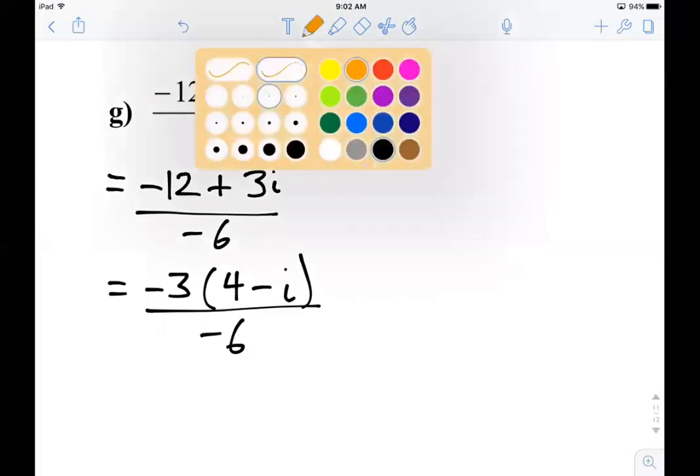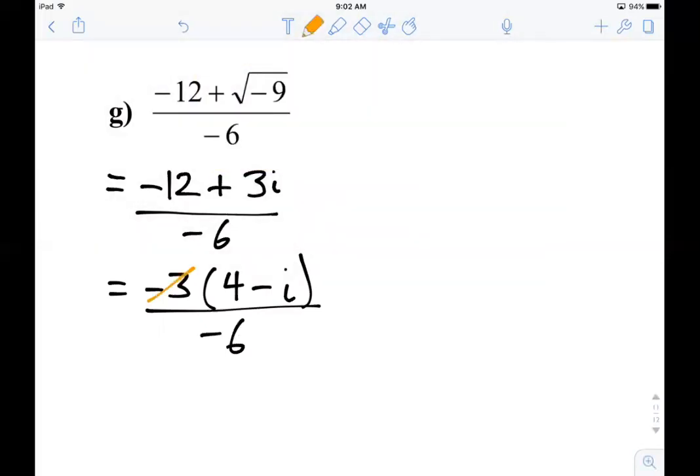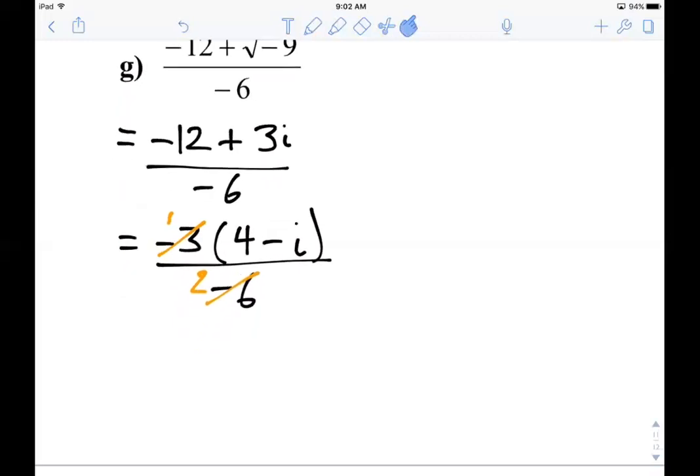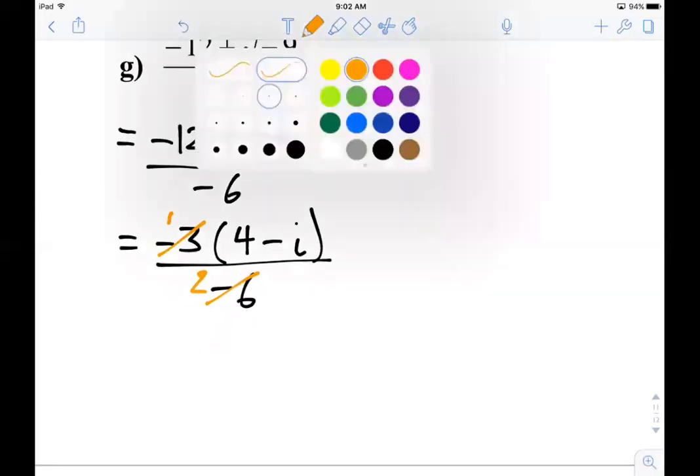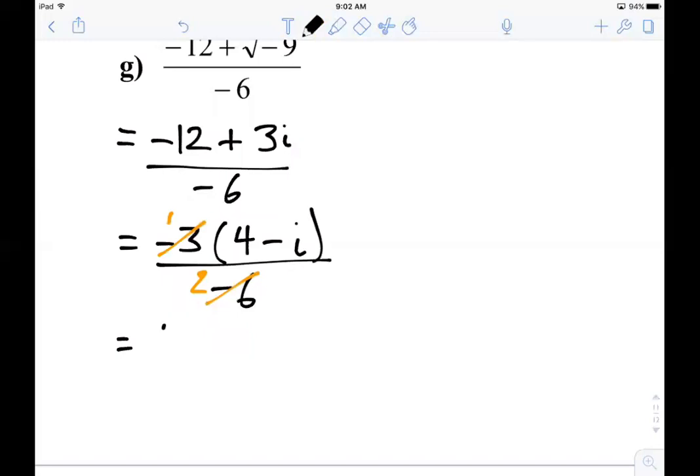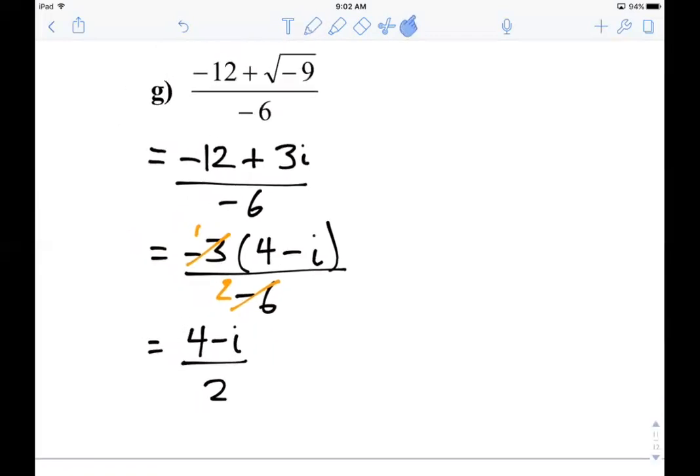Then, as I mentioned, I'm going to divide both the top and the bottom not just by 3, but by negative 3, so that I get positives on both the top and the bottom. So the top now is just that 4 minus i that I already had, and then I still have a factor of 2 on the bottom, and that's the simplest way that I can write that complex number.